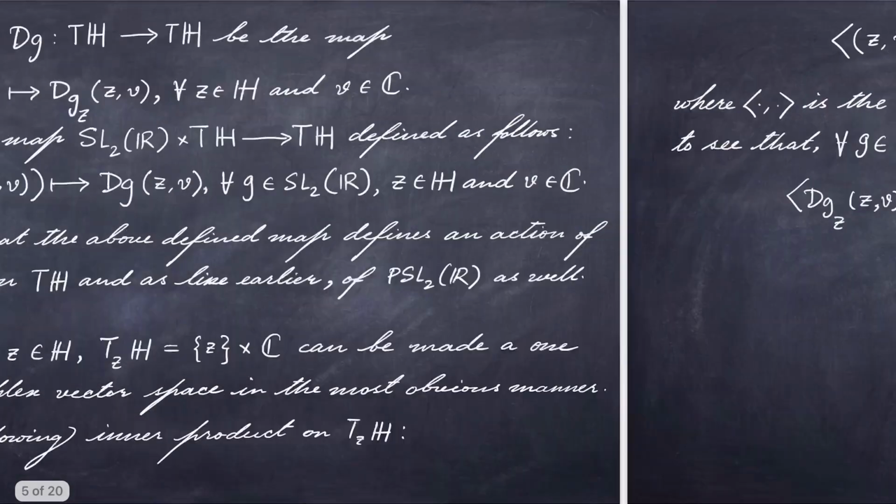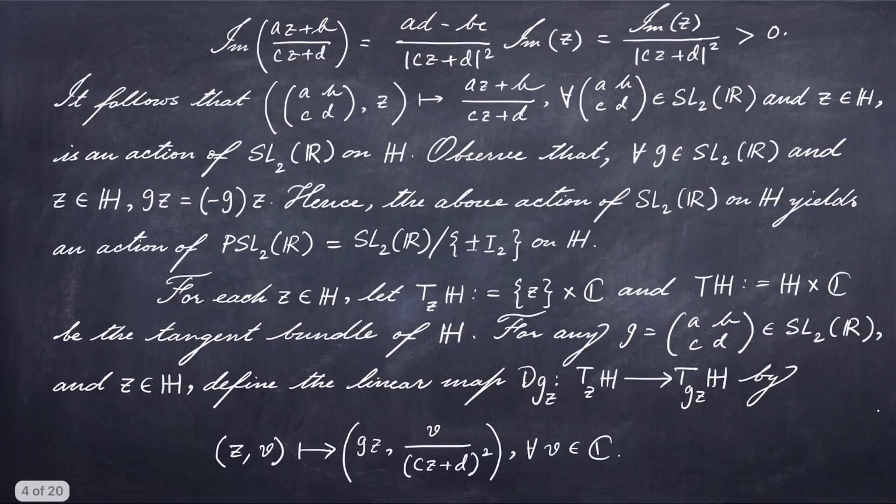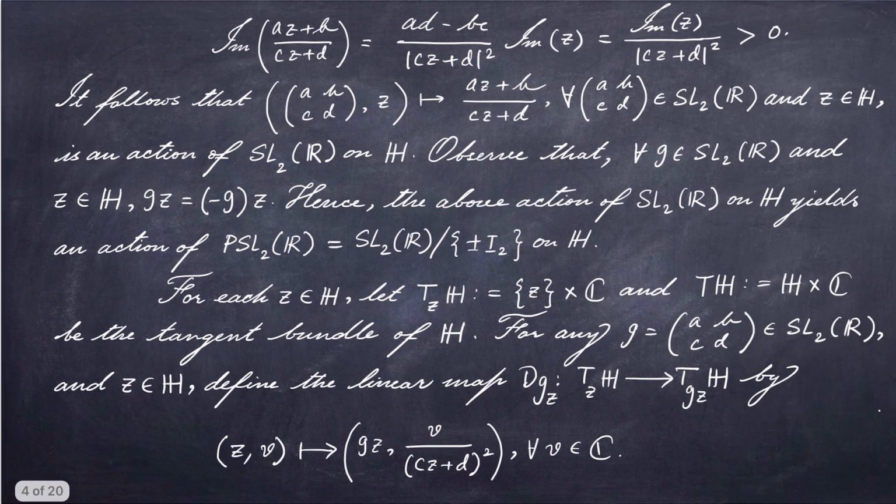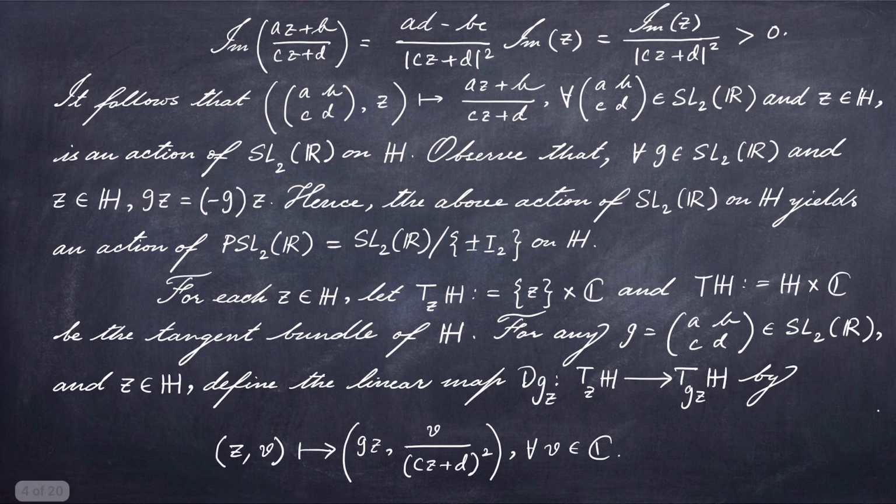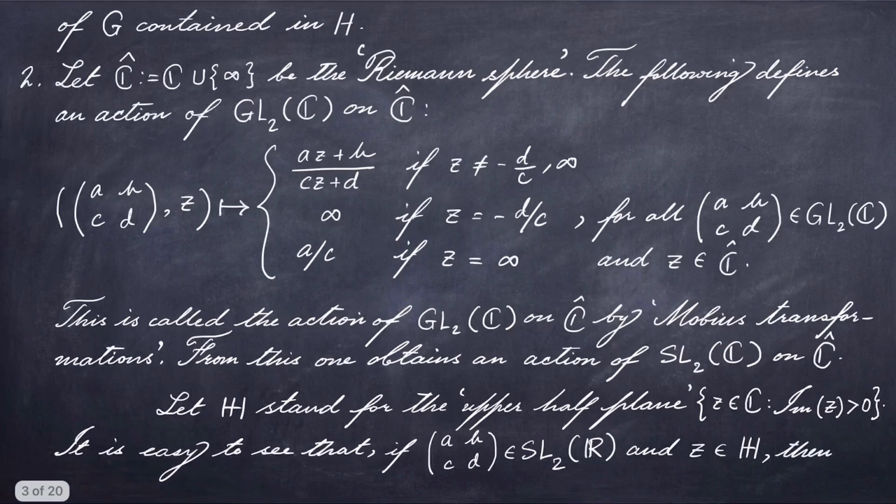So let me again summarize this example. Basically we can divide it into 3 steps. In the first step, we have seen the action of GL2C on the Riemann sphere. Then from that we obtain the action of SL2R on the Riemann sphere, and since the upper half plane is invariant under this action of SL2R, we get an action of SL2R on the upper half plane.